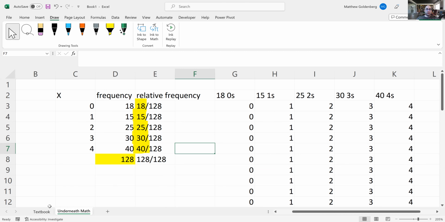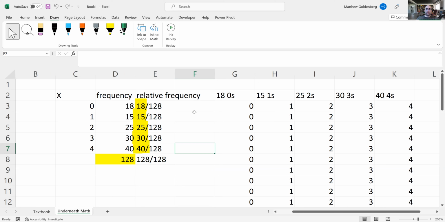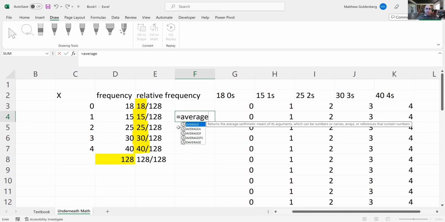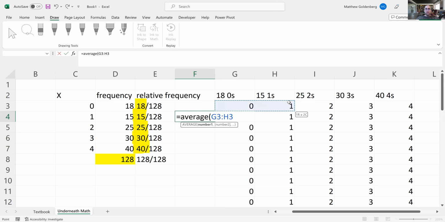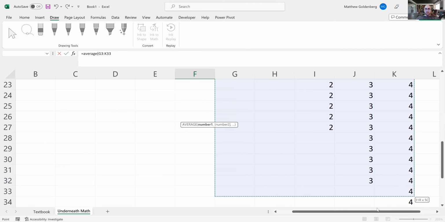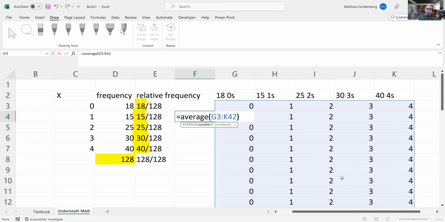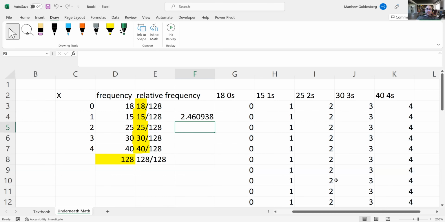And notice how we got 2.46 approximately when we did the average there, the expected value. If we do equals average, and we just highlight all this, an average should ignore the blanks. So it's in parentheses. We get 2.46 again.